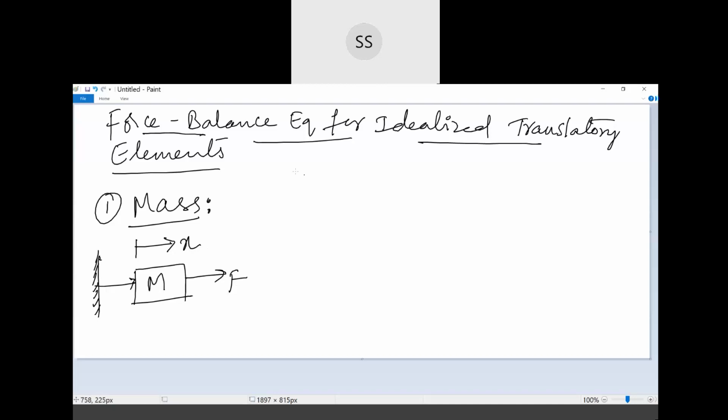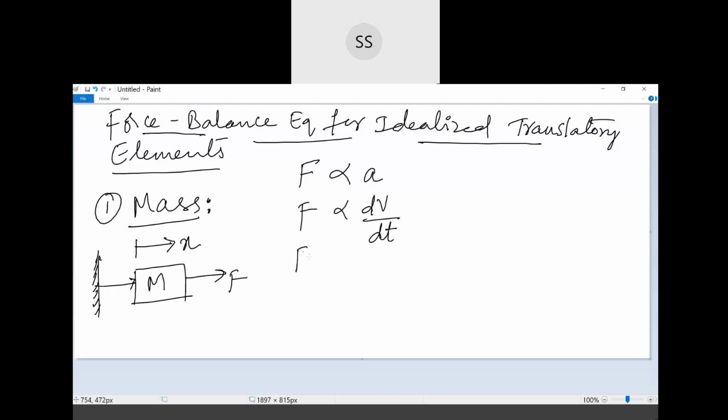Now we know that the applied force f is proportional to acceleration. When the force is applied, the mass gets accelerated, so f is proportional to dv by dt, the rate of change of velocity.